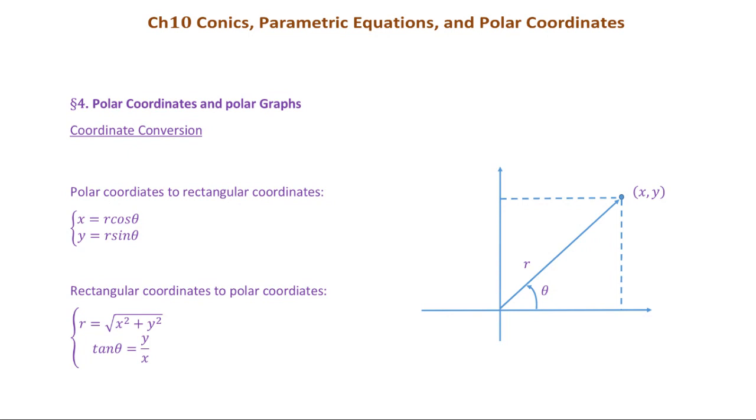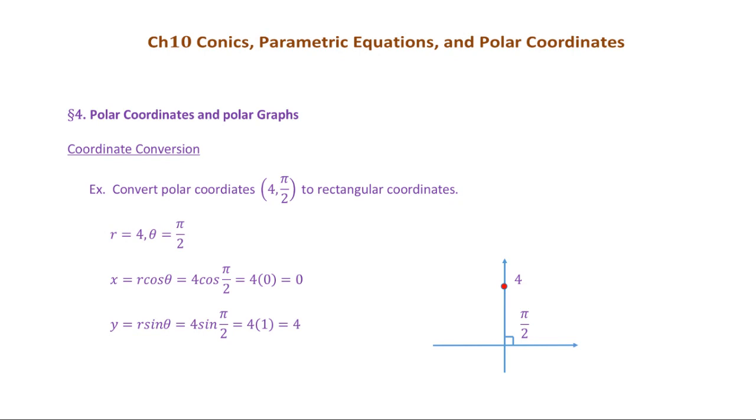The distance r is just the square root of x squared plus y squared because we usually use the positive value for r, right? And also, tangent theta is defined as y over x in the trig function. So then you can determine r and theta from x and y in this way. So this is the conversion between the two coordinate systems. All right.